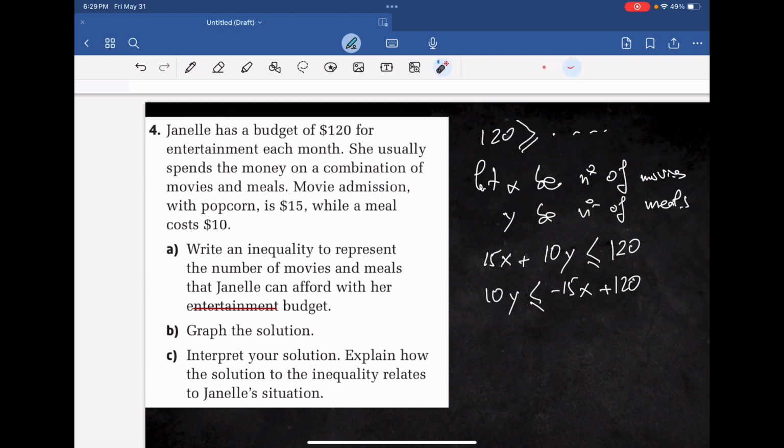I just subtract 15x from both sides, and this stays by itself. Now I need y, so y is less than or equal to minus 15 over 10 x plus 120 over 10, which is 12.